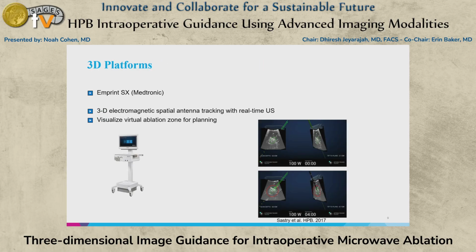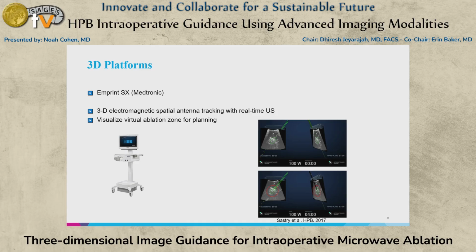So in terms of commercial platforms, it's really the Imprint by Medtronic, which is an available platform for 3D imaging. And it pairs 3D electromagnetic spatial antenna tracking, so on the tip of the actual antenna, with real-time ultrasound, and you can visualize the virtual ablation zone for planning of your ablation.